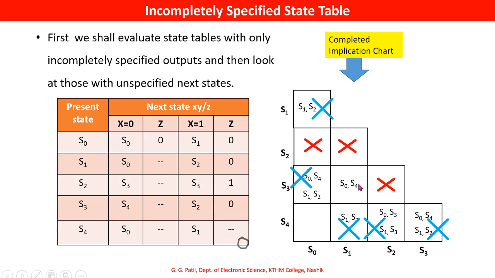Okay, so here we have to specify S0 is compatible to S4. Under input condition x equals 1, output z is specified as 0, so 0 must be placed there, and under input condition x equals 0, the output z is specified as 0.